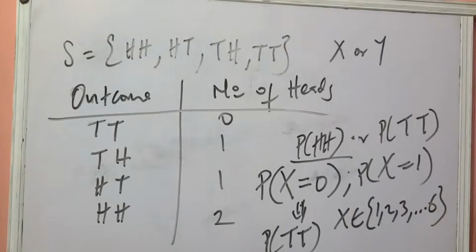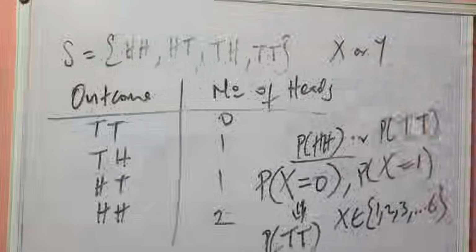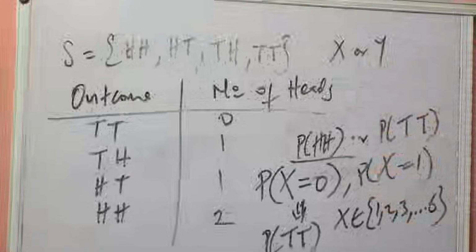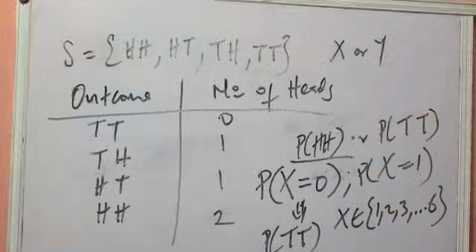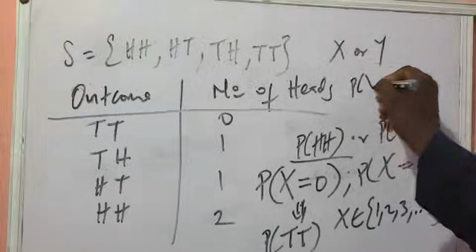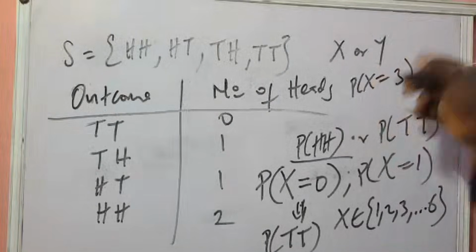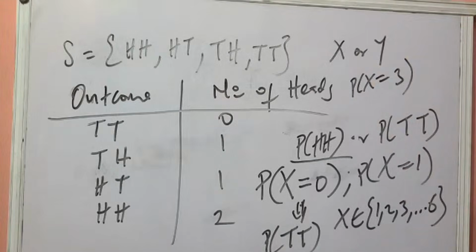So I can say if my random variable X is the values I see when I toss a die, that means I could say probability of X equals 3. That's a possibility. And probability of X equals 4, and so on and so forth.